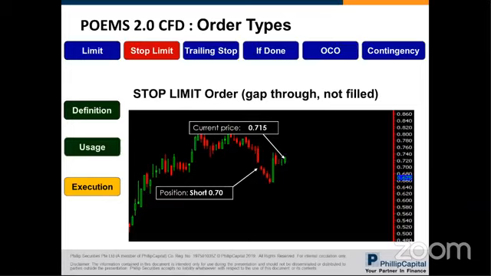As an example, say you take a short position at 70 cents, and when you see the momentum going down, suddenly some buyers, some big shot, went to eat up and shoot all the way to the current price of 71.5 cents.